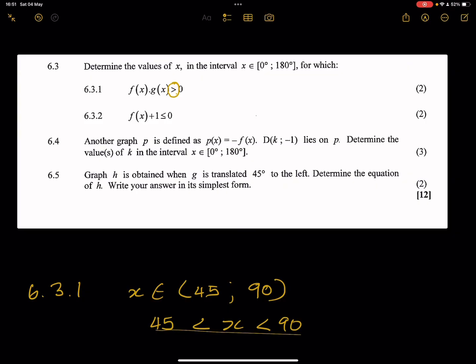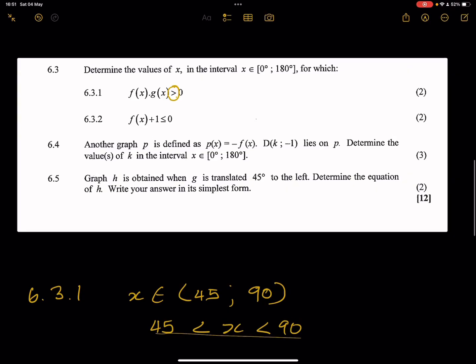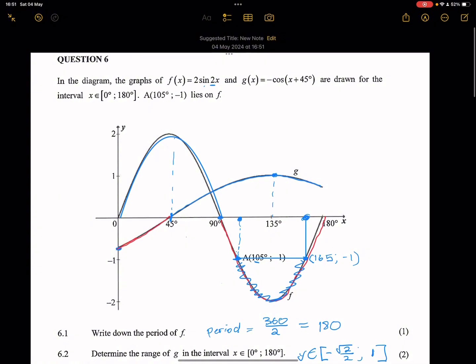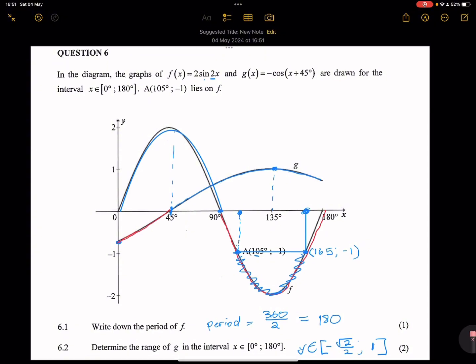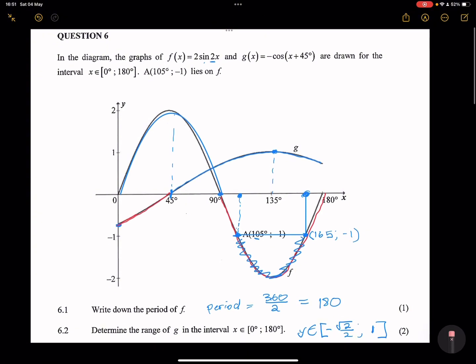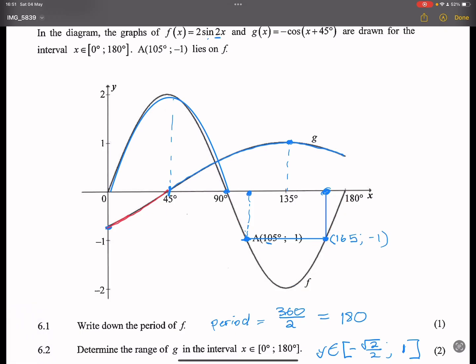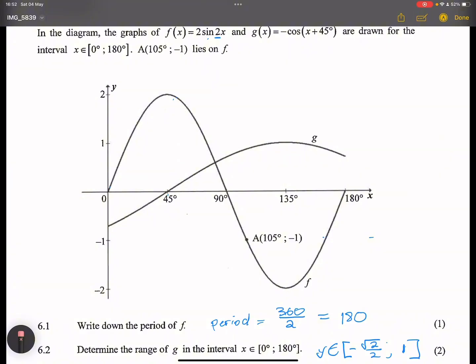Now, the graph of P is related to the graph of f. The difference between f and P is that we have taken the graph of f and reflected it around the x-axis. Why? Because I've changed the sign.